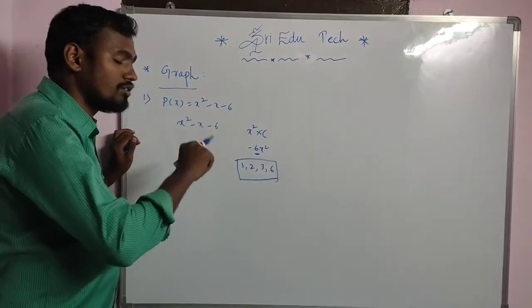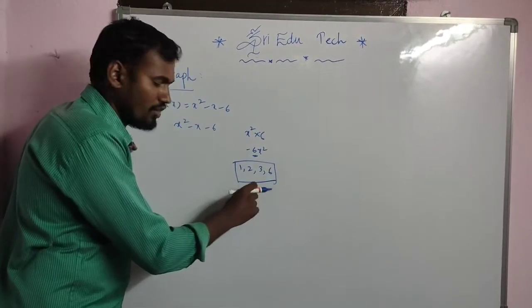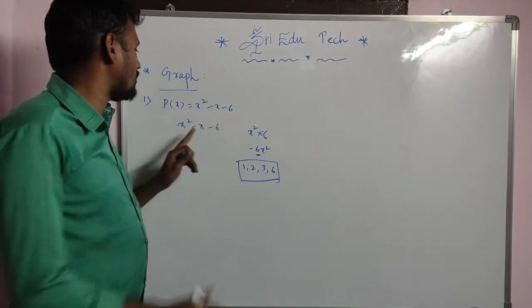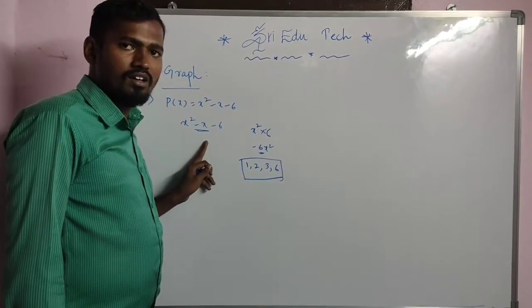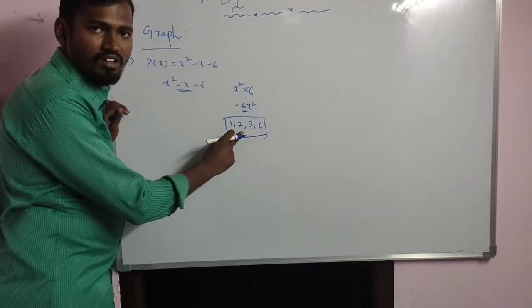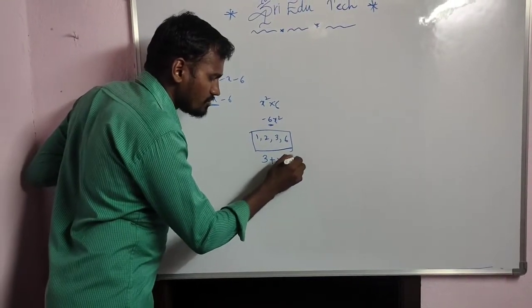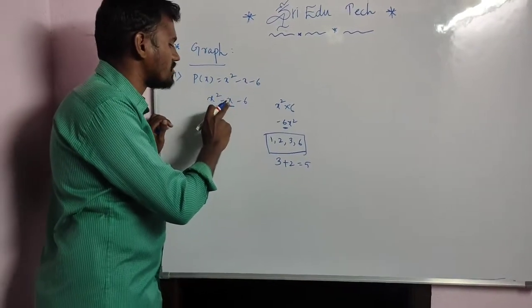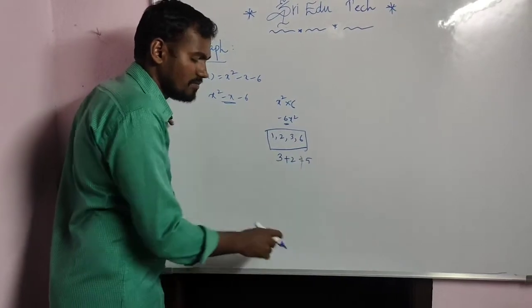Then if we add or subtract those two terms, that result should be equal to the middle term of the given polynomial. Let's see, I am taking 3 comma 2 here. 3 plus 2 means 5. So 5 is not in the middle place, here it is minus 1x, so 5 is not possible, right?